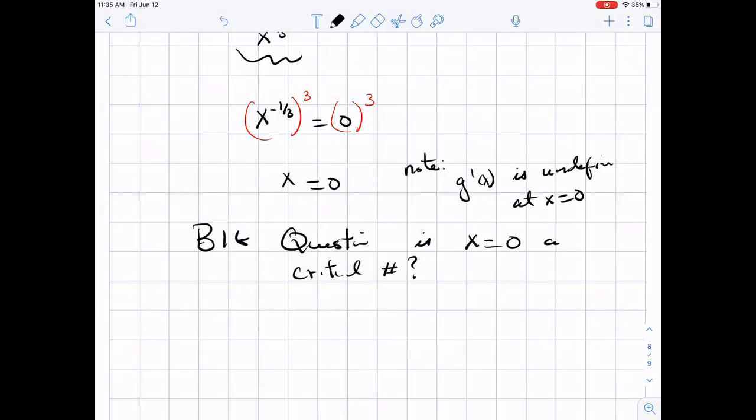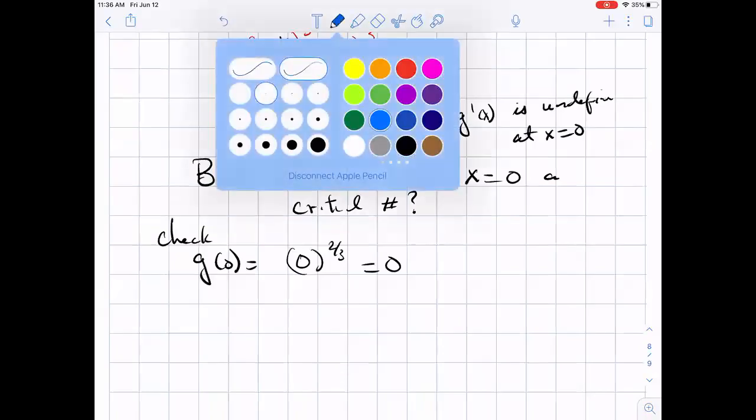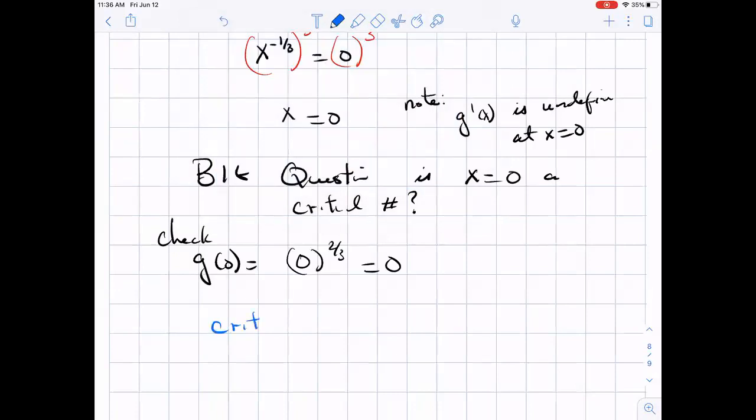Remember, to find that out, we check what is g of 0. So g of 0 is 0 to the 2/3 power, which is equal to 0. So since we are able to plug this in, the critical number is x equals 0.